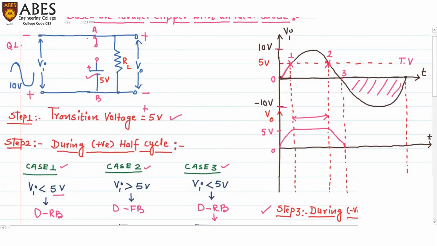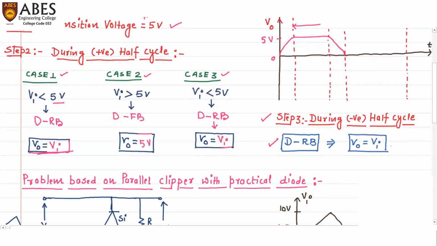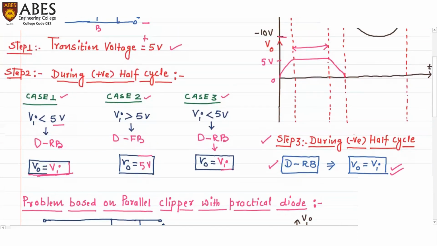Now we need to find V naught. The voltage V naught will be equal to the voltage across the RL branch, and the same will be equal to the input voltage. So V naught will be equal to Vi. That means during the negative half cycle, whatever the input is, the same will be the output voltage, both in magnitude as well as in shape.